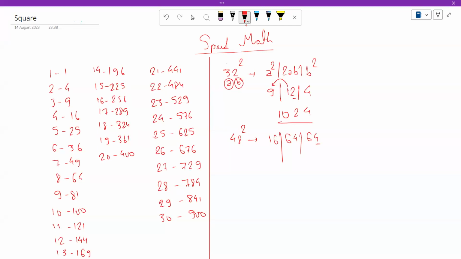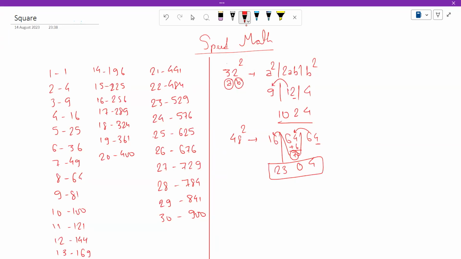Here only one digit will come, so 4 will come. This 6 will go to this 64. 64 plus 6 equals 70. 0 will come and this 7 will go to this 16. So 16 plus 7 is 23. This is how you can get the square of any two-digit number.